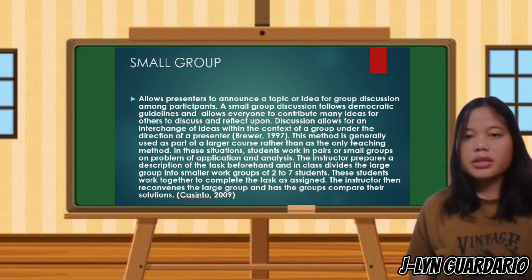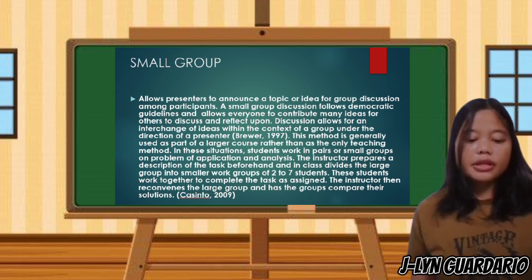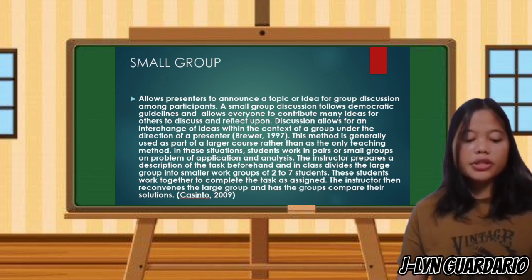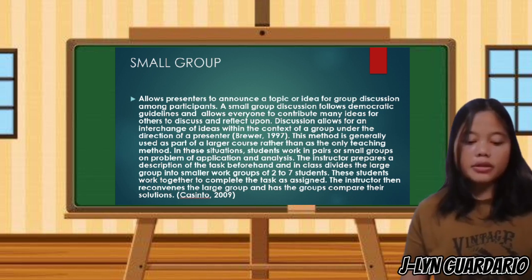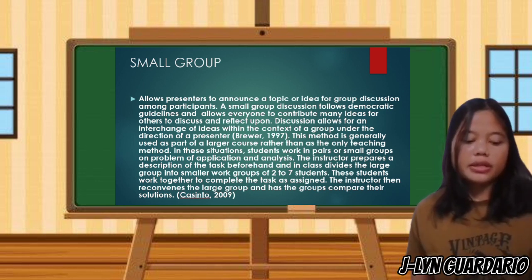According to Kasanto 2009, it is generally used as part of a larger course rather than as the only teaching method. In this situation, students work in pairs or small groups on problems of application and analysis.